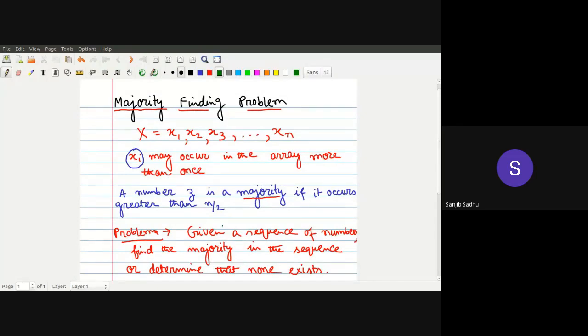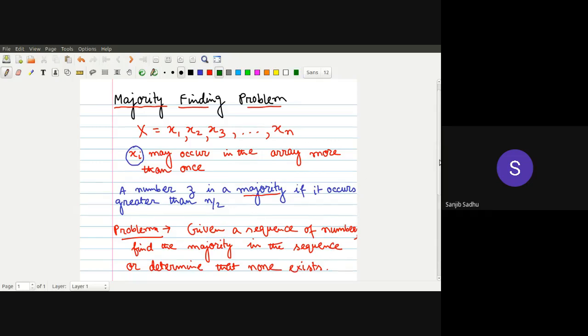I can find the frequency of x1, and for that I need n minus 1 comparisons: x1 with x2, x1 with x3, like this. Similarly I find the frequency of x2 by comparing it with the others, then x3. In this way you find the frequency of all the elements, and if the frequency of any element is greater than n by 2, that is the majority element. So this will take n square.